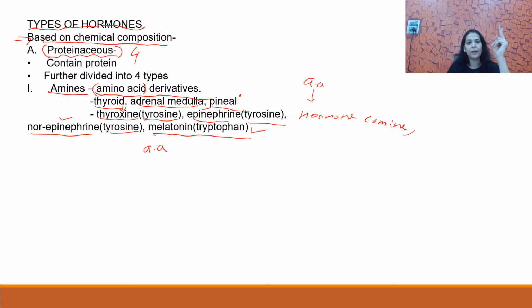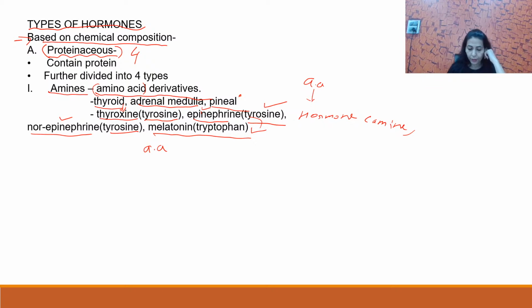And you can remember that tyrosine and thyroxine rhyme with each other. Those two twins are made from tyrosine. Thyroxine also derived from amino acid tyrosine. What remains is melatonin, that is derived from tryptophan. So basically there are only two amino acids that we are using.